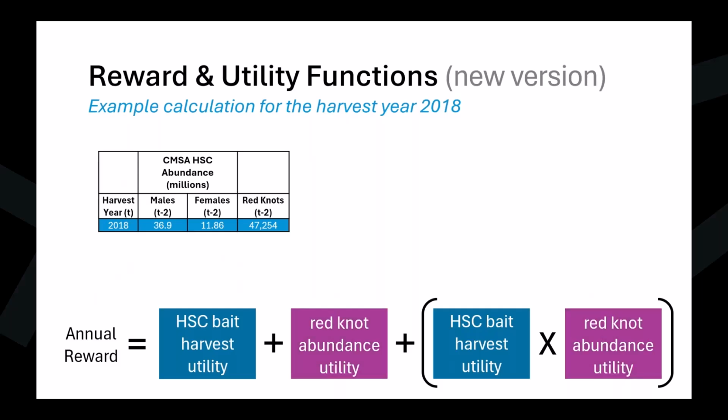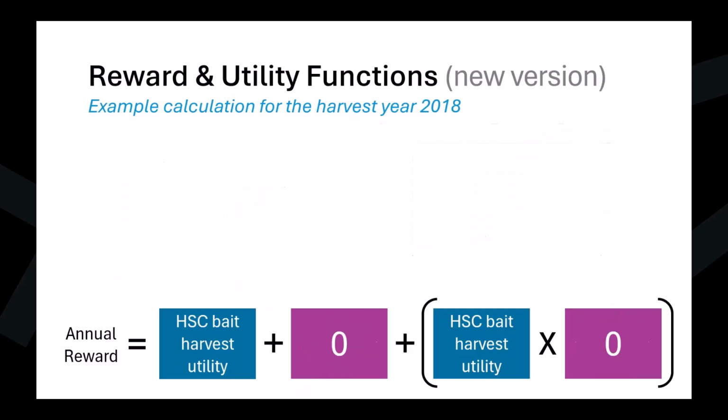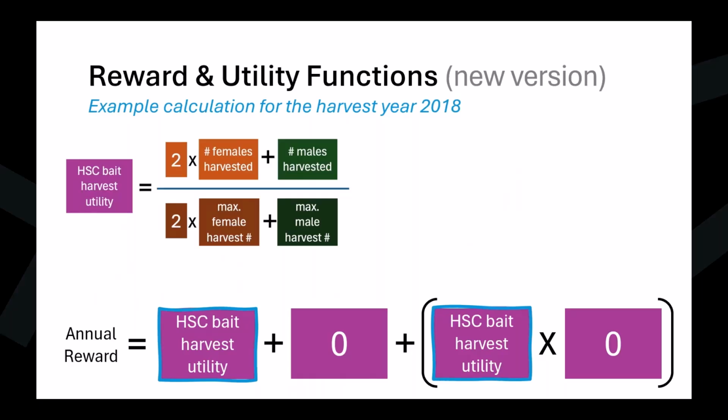So now we can look to the utility functions, start with the red knots, and we look at the curve. We note that although our curve is less extreme than Connor's, it's still showing 0 utility for this value. So red knot utility is 0 here. That appears twice in the equation, so it goes to 0 in both of those places. Now to look at horseshoe crabs, we need to use our function, our quotient here.